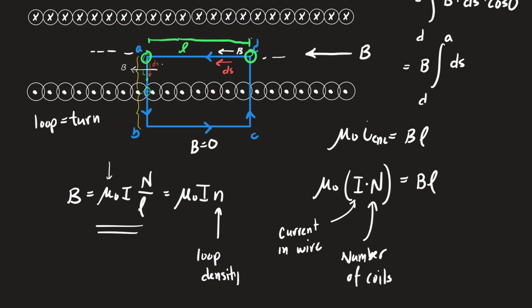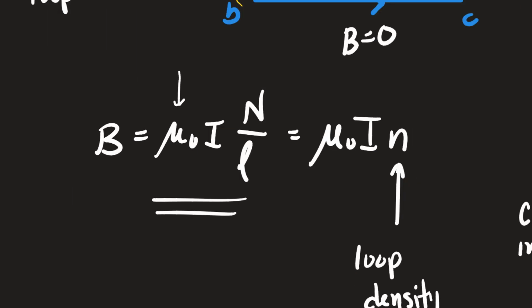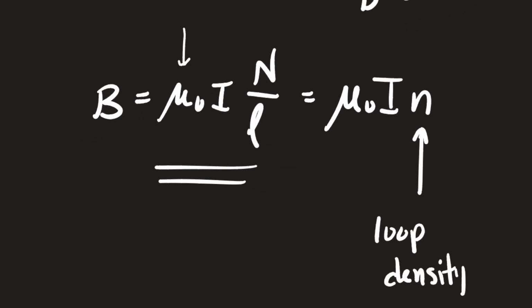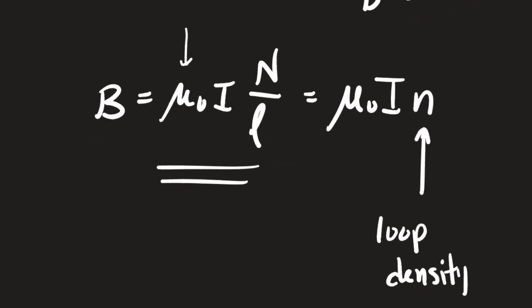But here, to get a magnetic field of any reasonable size, you have to have a very high loop density. At the same time, the amount of current plays a role here, but you have to be careful with current. Current generates a lot of heat, and if you're using a lot of current, things start to get hot. Now, make sure we understand that this is worth committing to memory: the magnetic field of a solenoid.